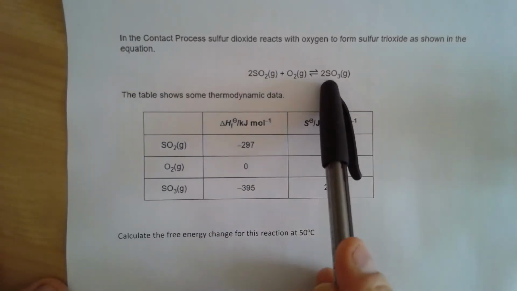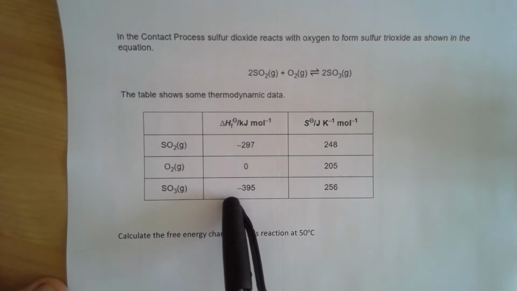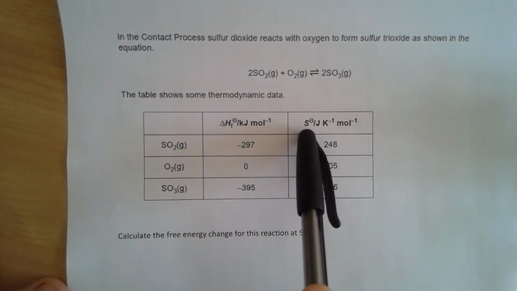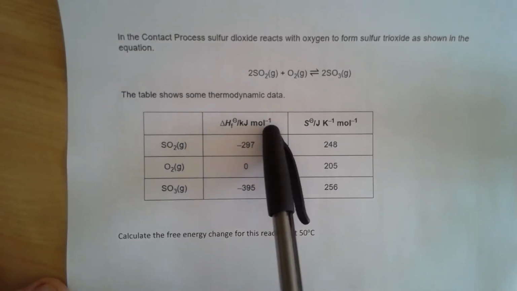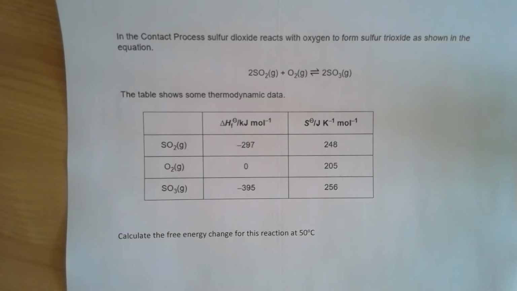Here's our chemical reaction. We're given some enthalpy change of formation data and some entropy data. S there is our entropy data. I notice again that this is in kilojoules per mole and this is given to us in joules per Kelvin per mole. So we're going to have to do some conversions later. And also we want to calculate the free energy change for this reaction at 50 degrees Celsius.